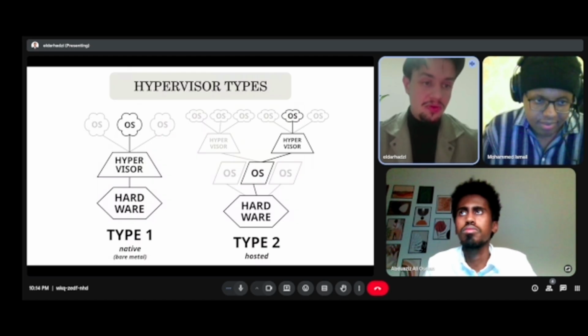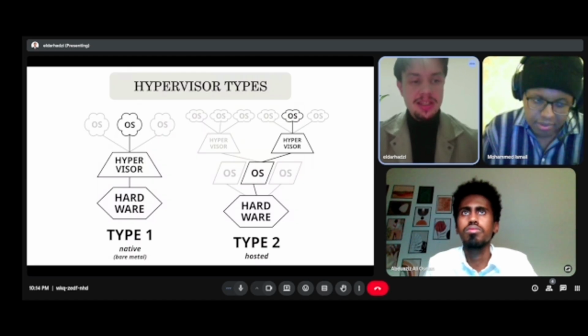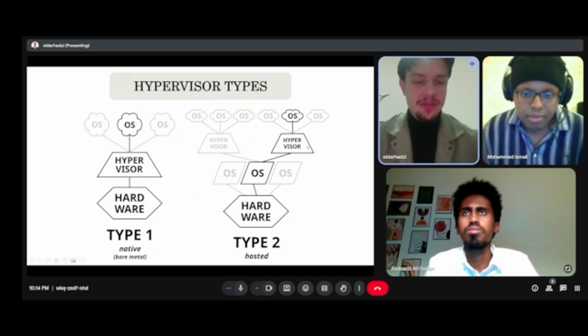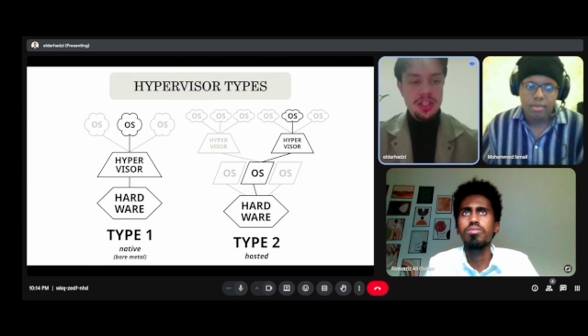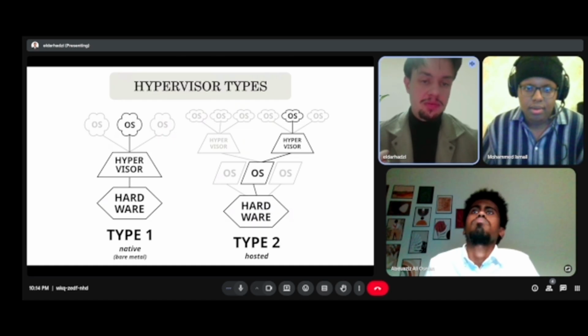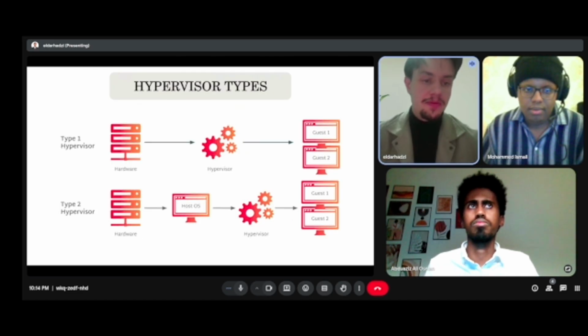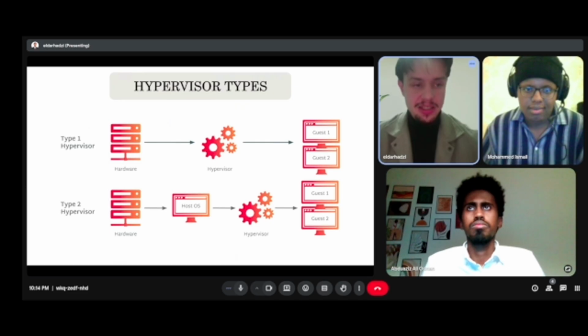After that, now we have some hypervisor types. A Type 1 hypervisor, as you can see also from the image, runs directly on hardware and delivers the best isolation and performance, while Type 2 runs on top of an operating system and introduces overhead. There are two others: micro hypervisors, which minimize the trusted computing base and offer fast startup and high density.